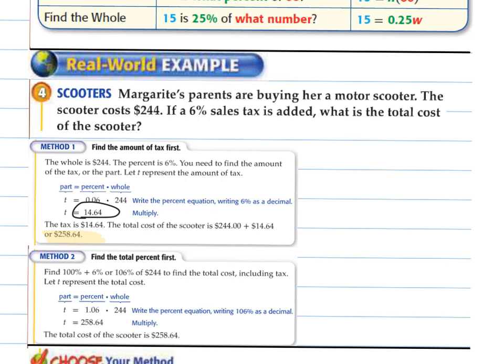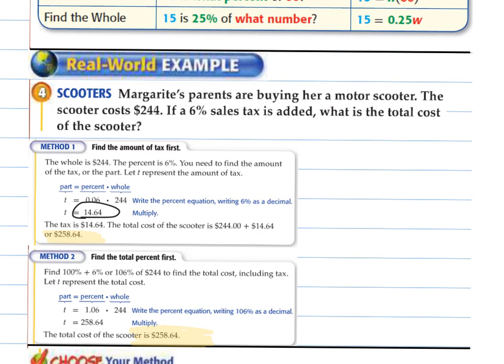Our percent as a decimal is 1 and 6/100, because we're finding 106% of the cost. Then our whole is 244. So when we take 1 and 6/100, times that whole cost of the scooter, 244, we will get the total cost of the scooter being $258.64.